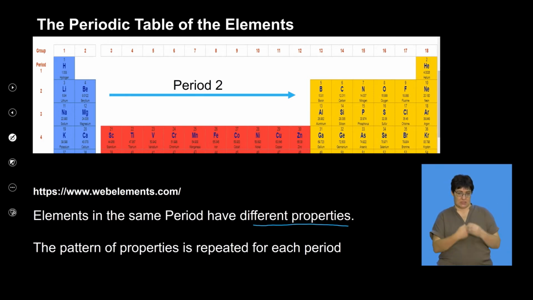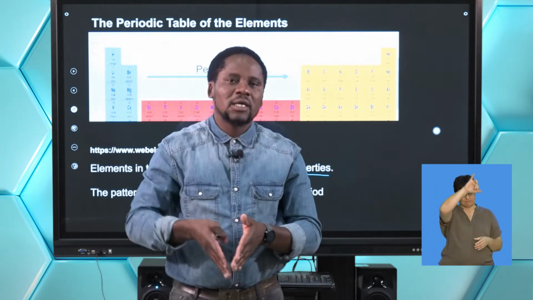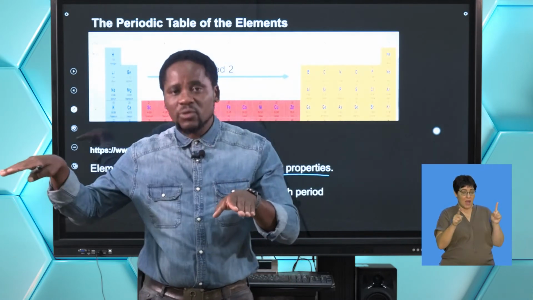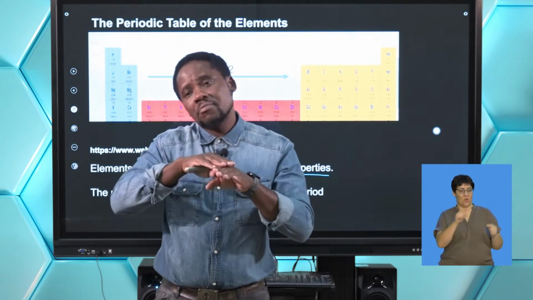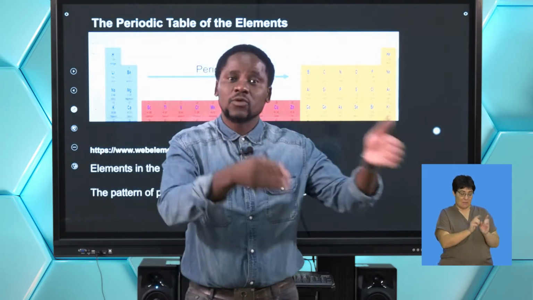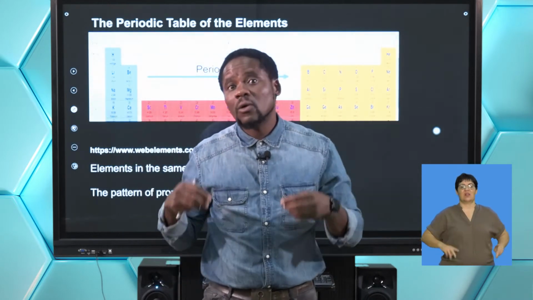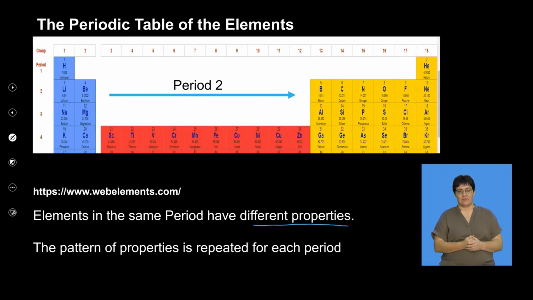Initially, we say that elements in the same group show similarity in terms of properties. But if we go across from left to right, the elements in the same period are actually in different groups, hence their physical properties will definitely vary or differ from each other, right? So elements in the same period have different properties. That's a very important one.